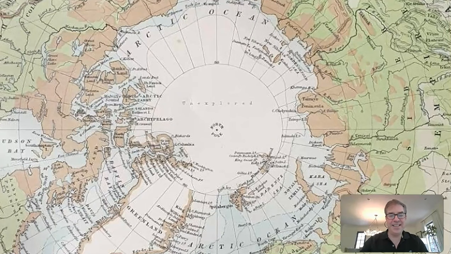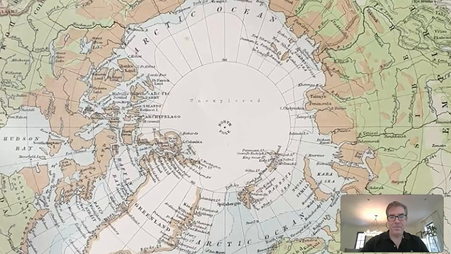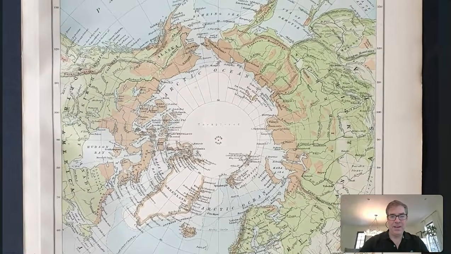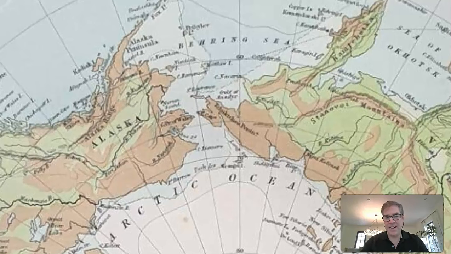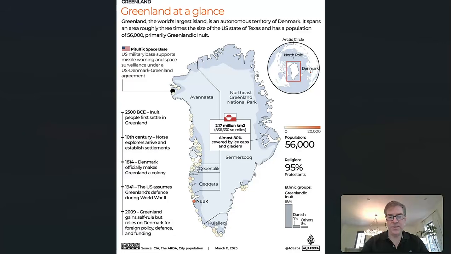Is it ocean? Is it land? We see Greenland, and all of a sudden its border kind of just disappears into the ocean, but we don't see it necessarily as an island in these maps. But again, we see the strait, Bering Strait now, between Alaska of the United States and Russia in this 20th century map.